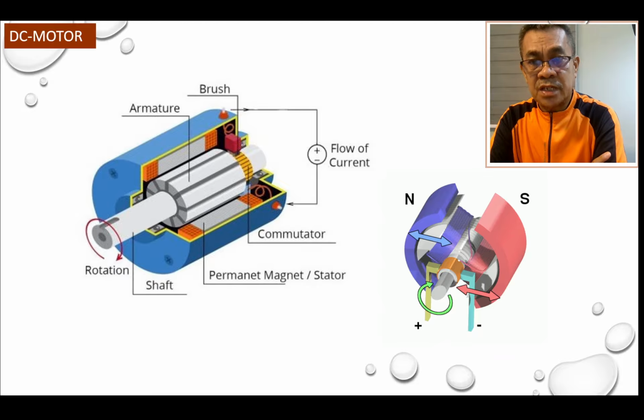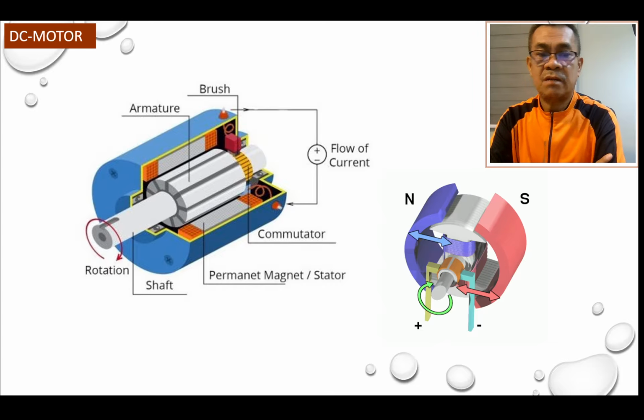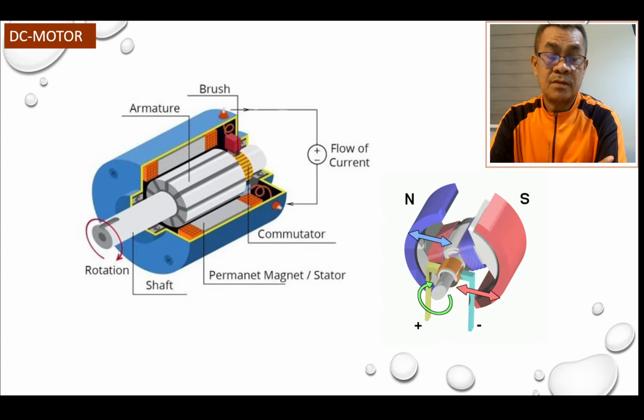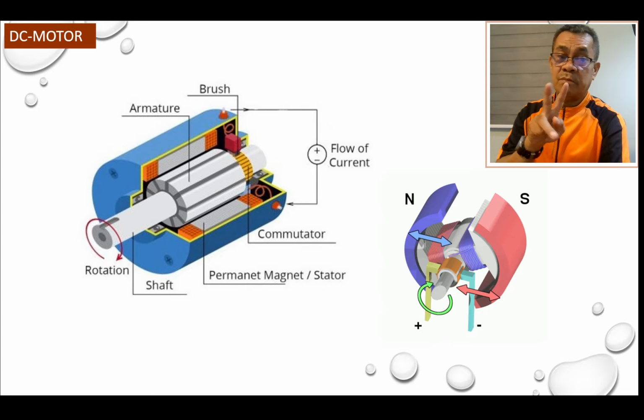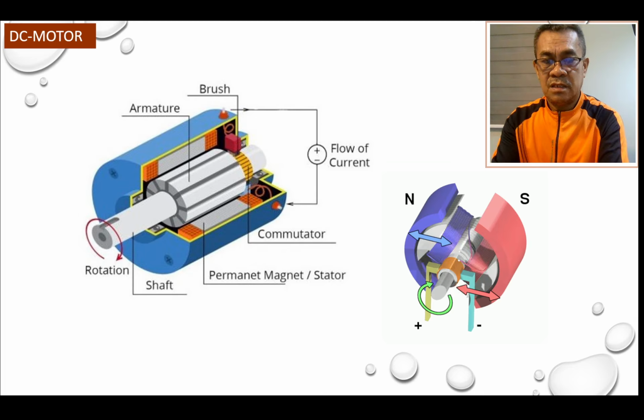Take note that the rotating part provides an electromagnetic effect because of the dipole moment. So there are two important factors in the DC motor: the permanent magnet that provides the magnetic field, and the electromagnet. That's why we have the rotation.